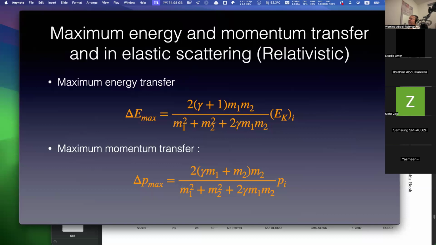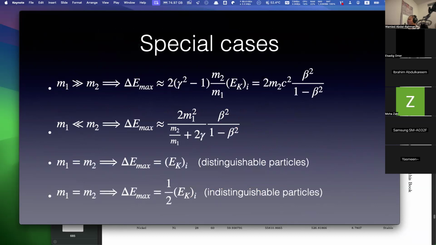But if we're dealing with a proton, for example, with an energy of 10 MeV, the classical approach is still a good approximation because its speed is not yet in the relativistic range. So again, these are the special cases using these relativistic formulas.